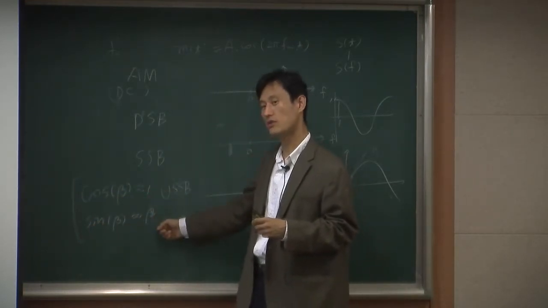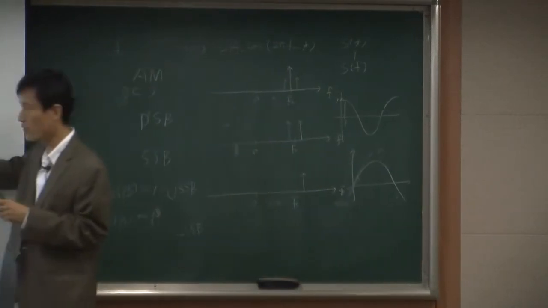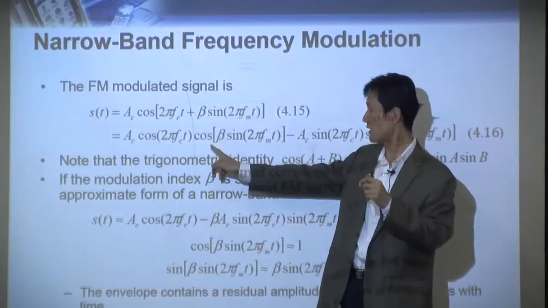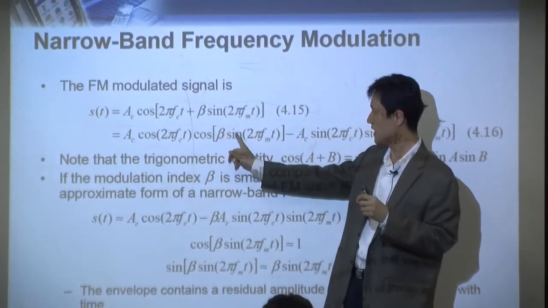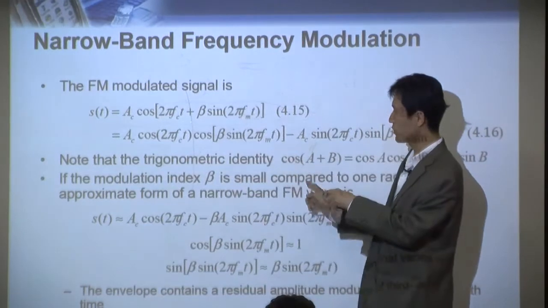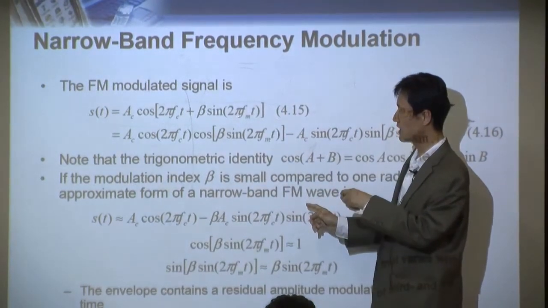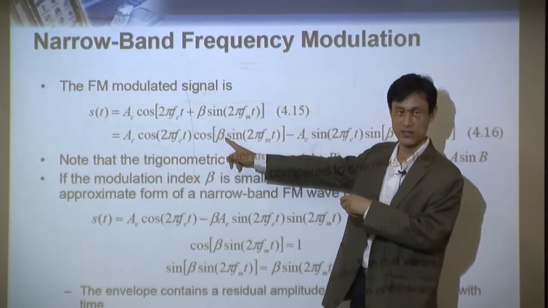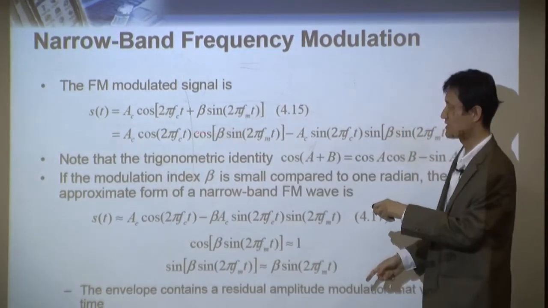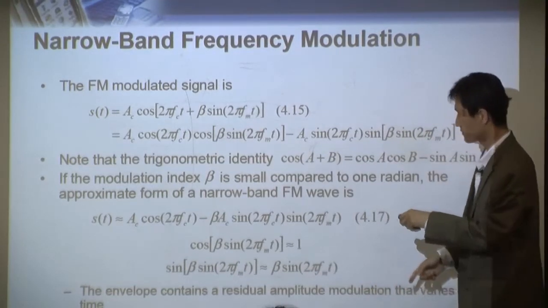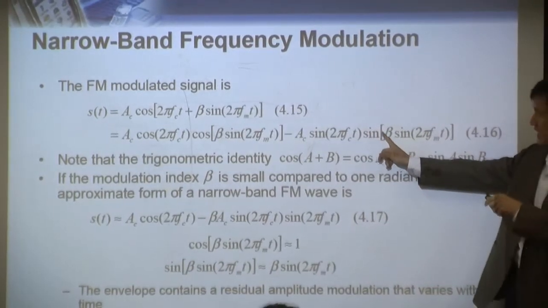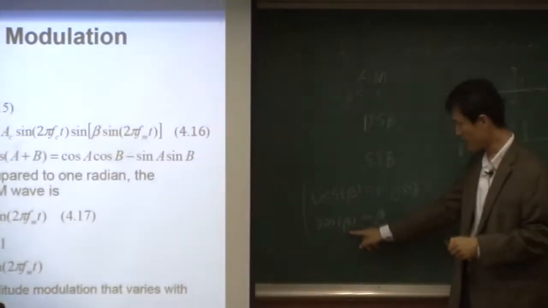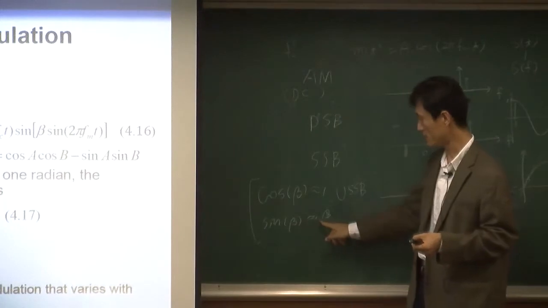So using these two approximations, if we assume that beta is small, very small, then this cosine beta times something, this whole thing, now we can assume that this is approximated to 1 because beta is small anyway. So cosine beta, let's say this is 1. Here we have a sine beta, and as I said here, sine beta is typically approximated as beta.